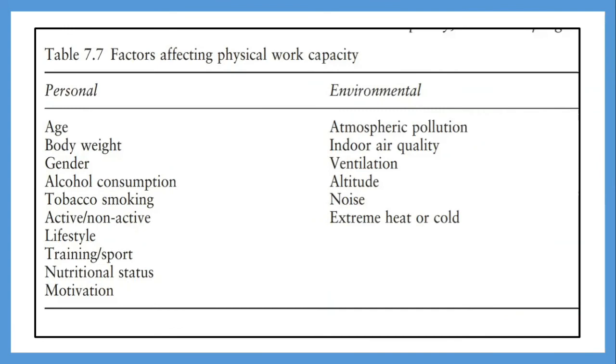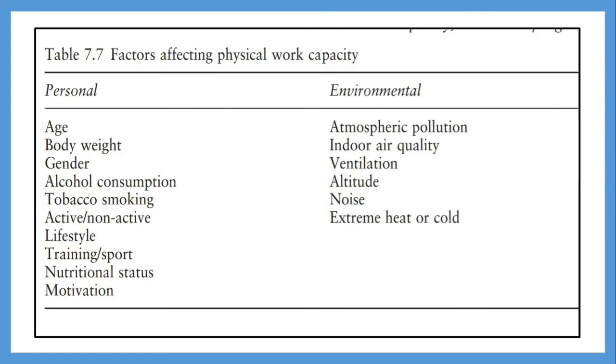For personal factors, we have age, body weight, gender, alcohol consumption, tobacco smoking, active or non-active lifestyle, training or sport, nutritional status, and motivation. Under environmental factors, we have atmospheric pollution, indoor air quality, ventilation, altitude, noise, and extreme heat or cold.